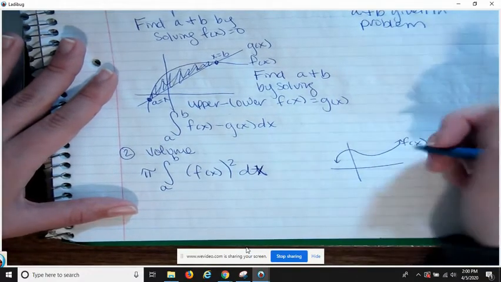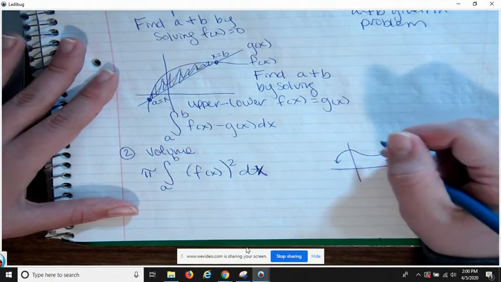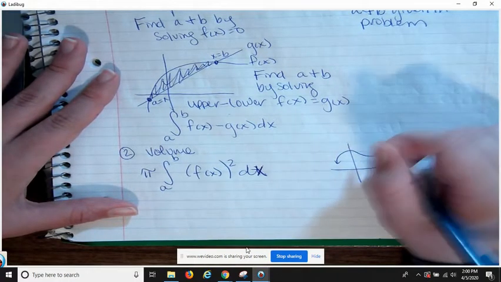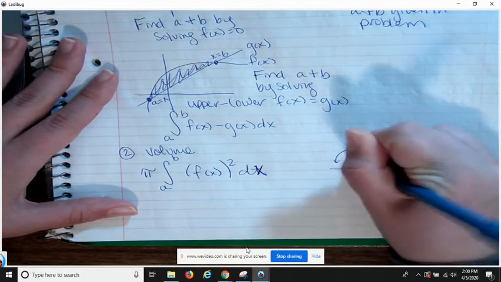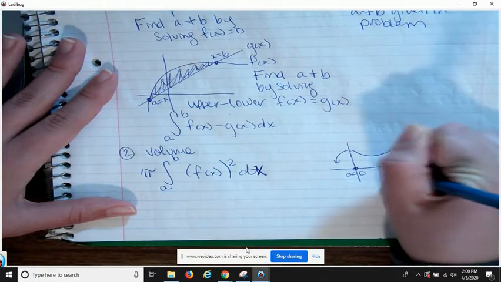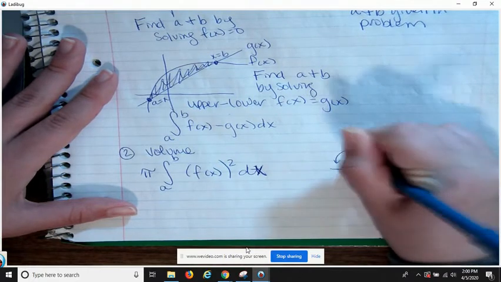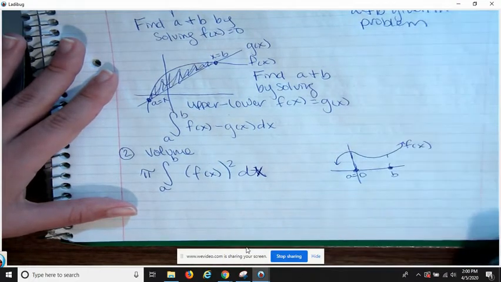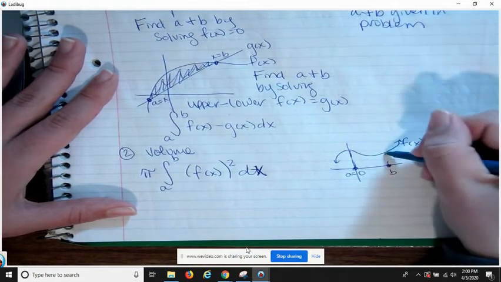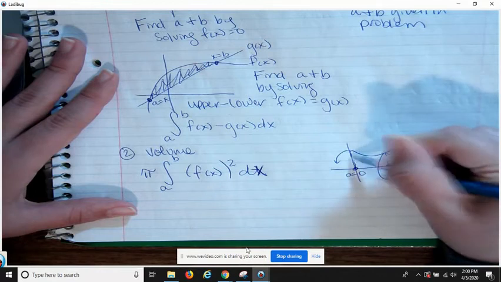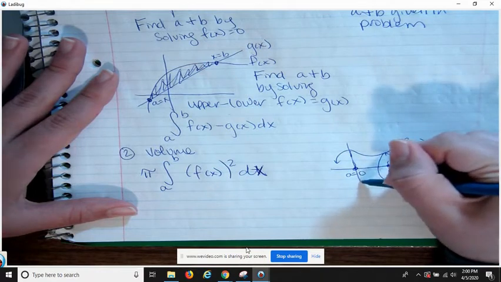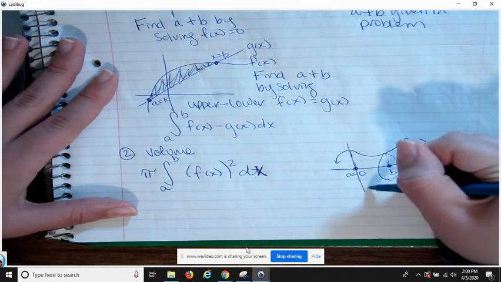Maybe our a is 0, and then our b is somewhere over here. So it's this little region right here, and we're rotating this around so that it makes this weird vase shape.